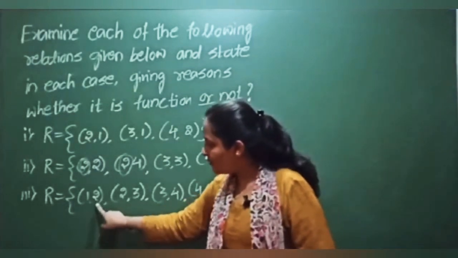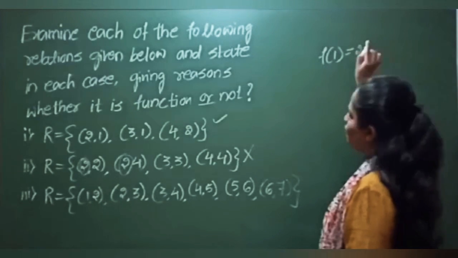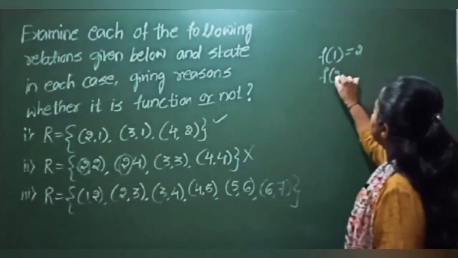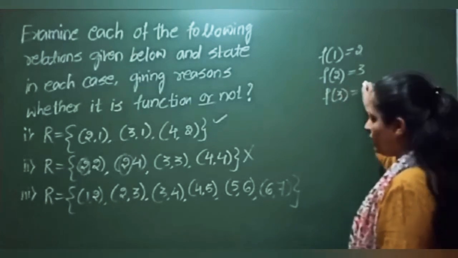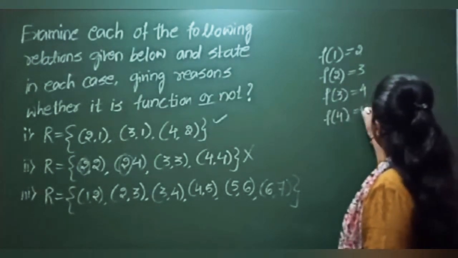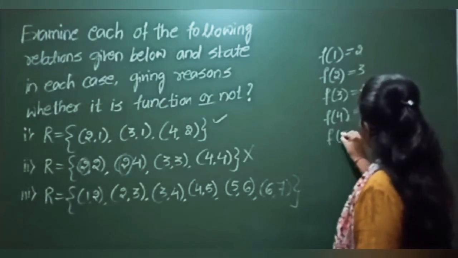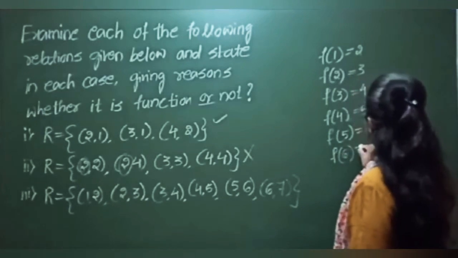So 1 is having image 2, and 2 is having image 3, and then 3 is having image 4, and then 4 is having image 5, and then 5 is having image 6, and then 6 is having image 7.